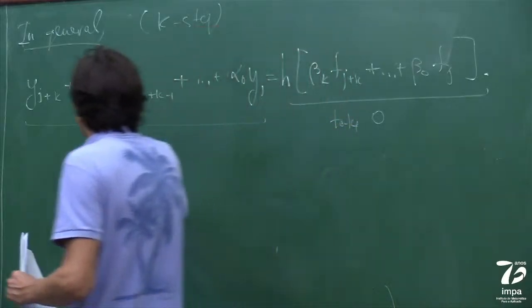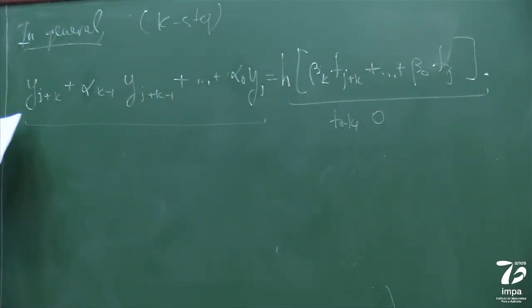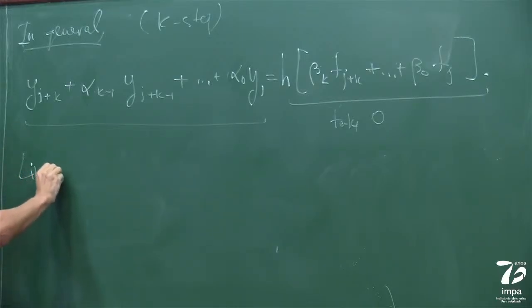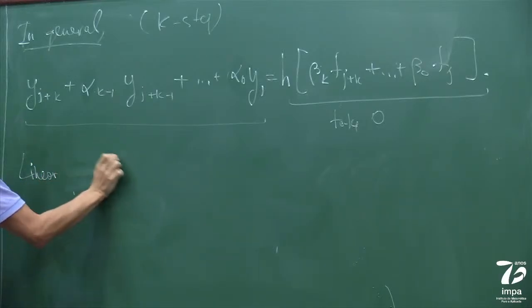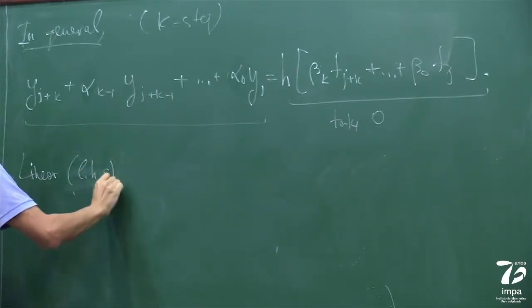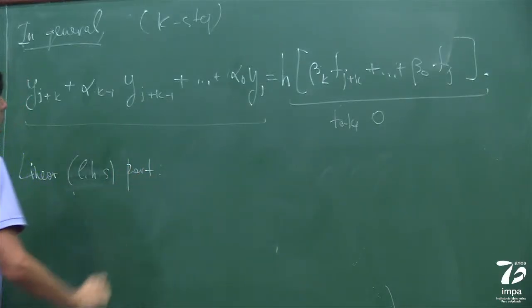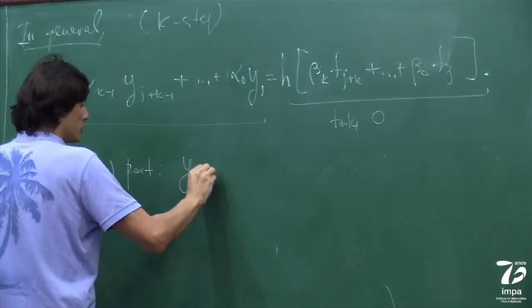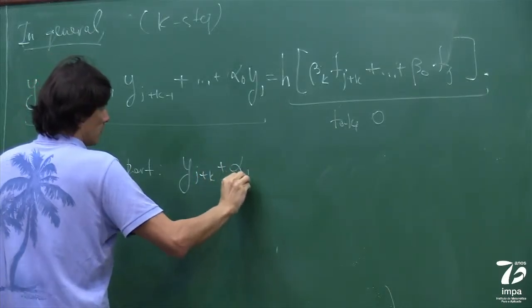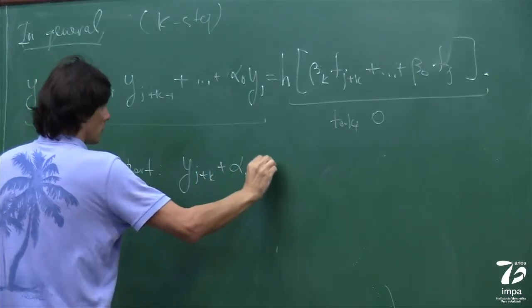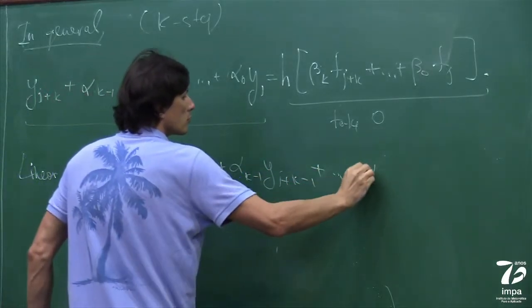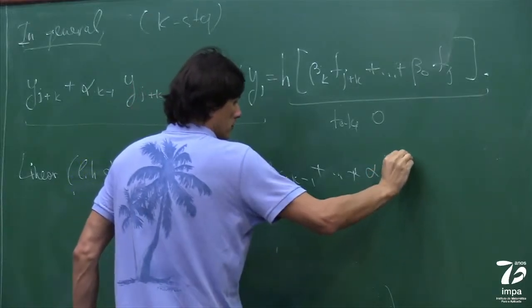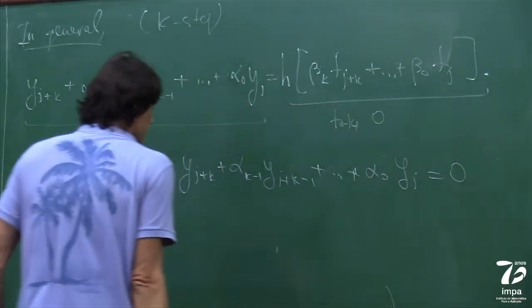So the stability analysis, we start with just the linear part, the left-hand side: y_{j+k} + α_{k-1} y_{j+k-1} + ... = 0.